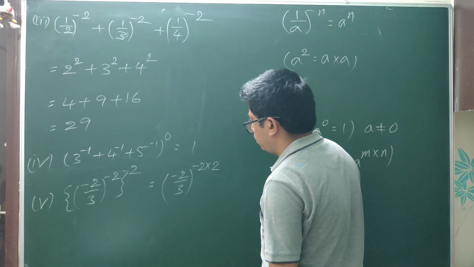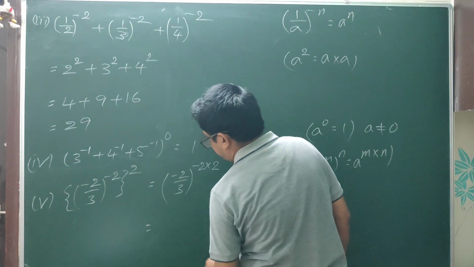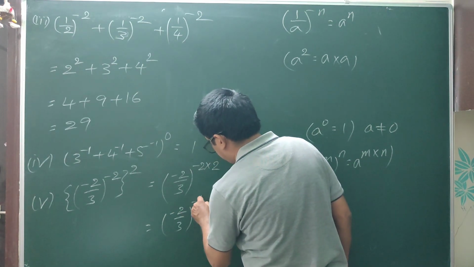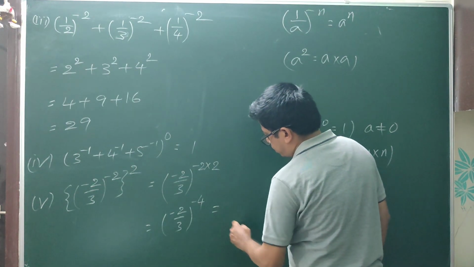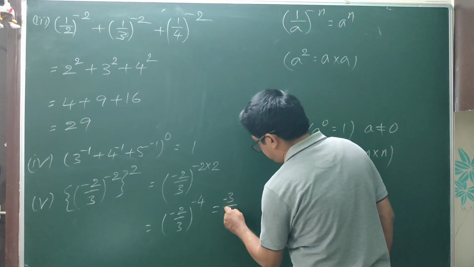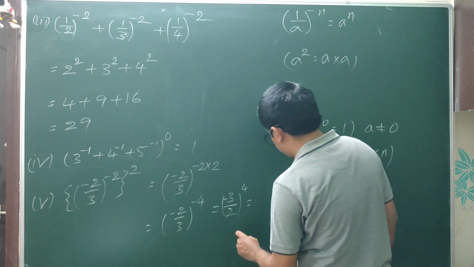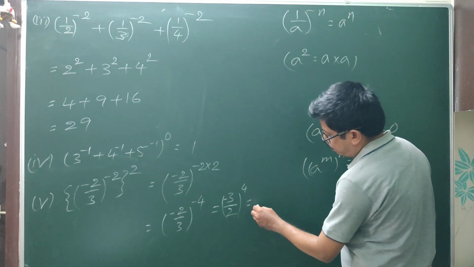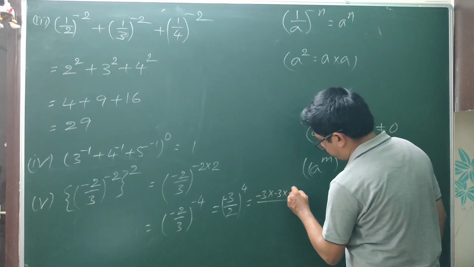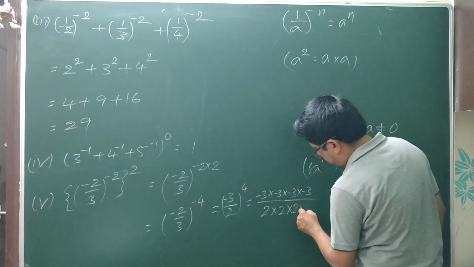So here it becomes minus 2 by 3 whole power minus 4, which is equal to 3 by minus 3 by 2 whole power 4, which is equal to minus 3 into minus 3 into minus 3 into minus 3 whole by 2 into 2 into 2 into 2.